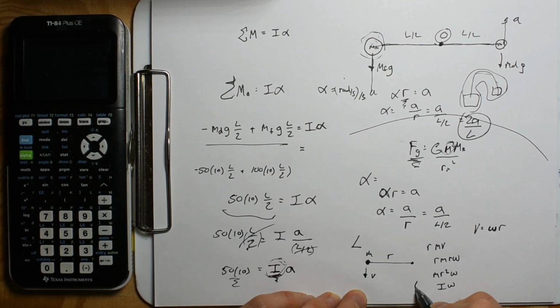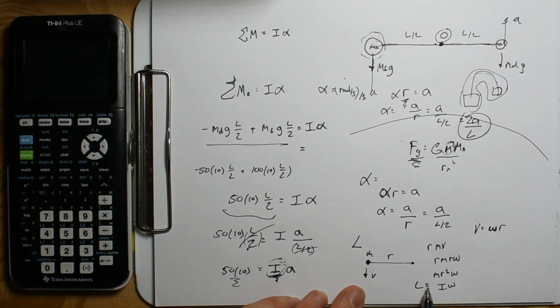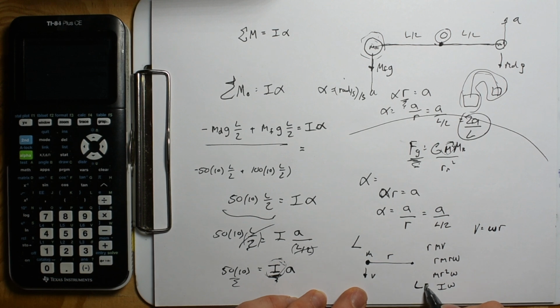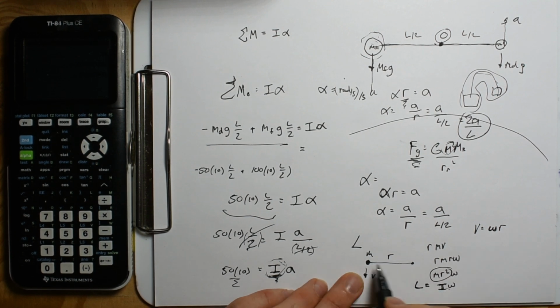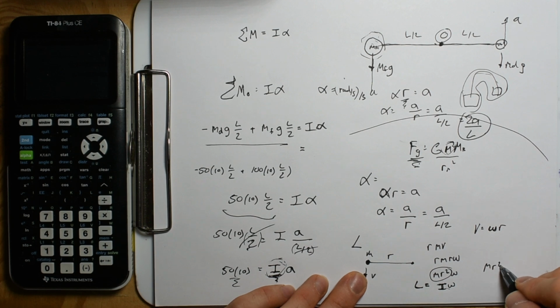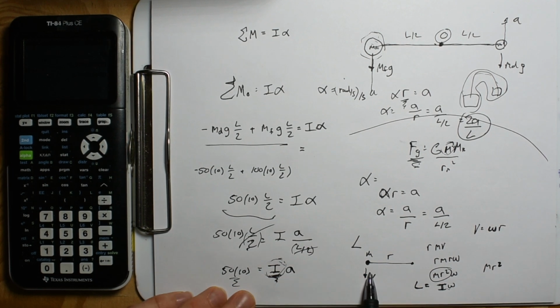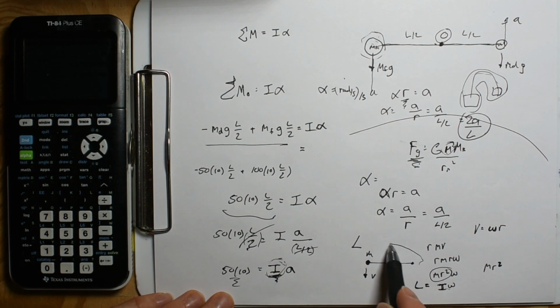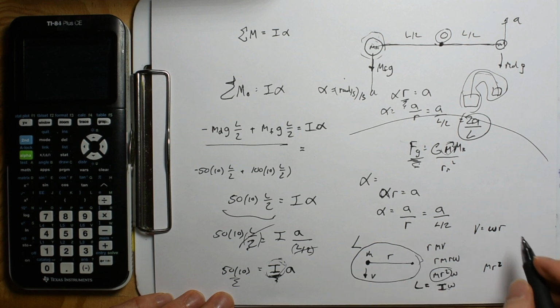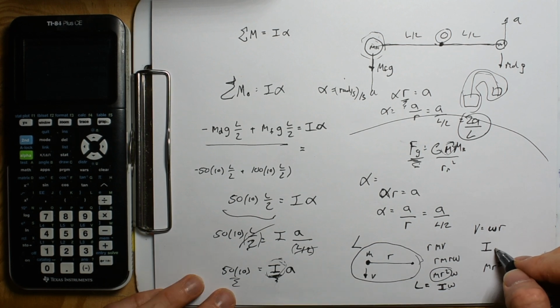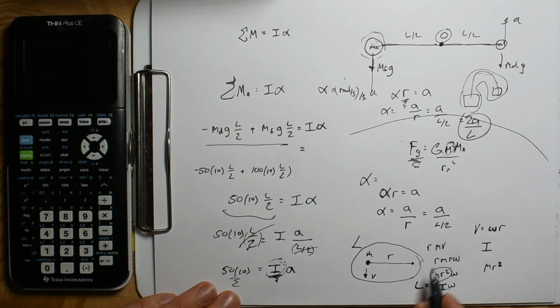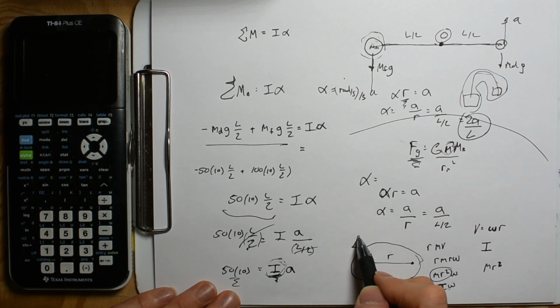So angular momentum is I omega, where the I for a point mass is going to be m r squared. So why I did this is that, by definition, it tells you what the moment of inertia of a point mass is, using the angular momentum of a mass on a string.